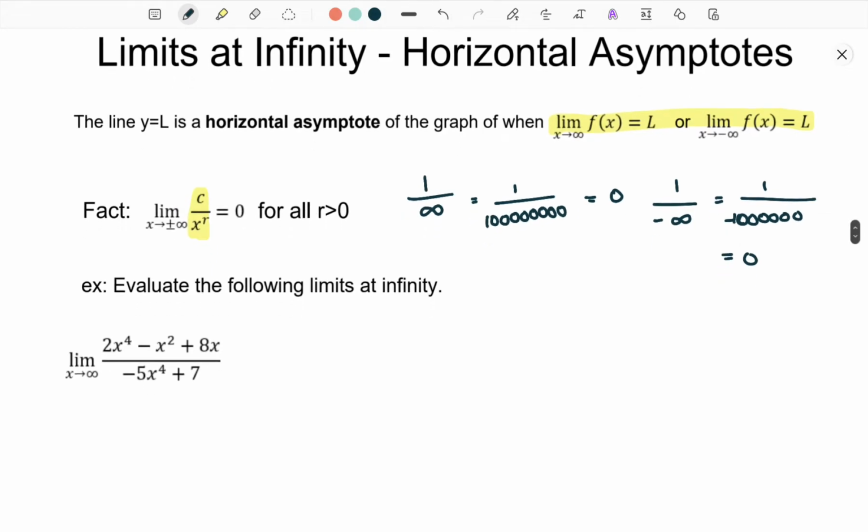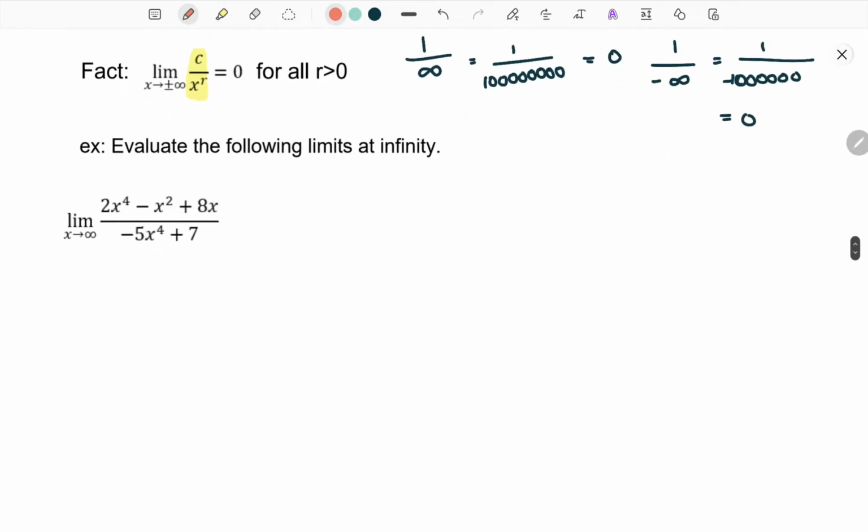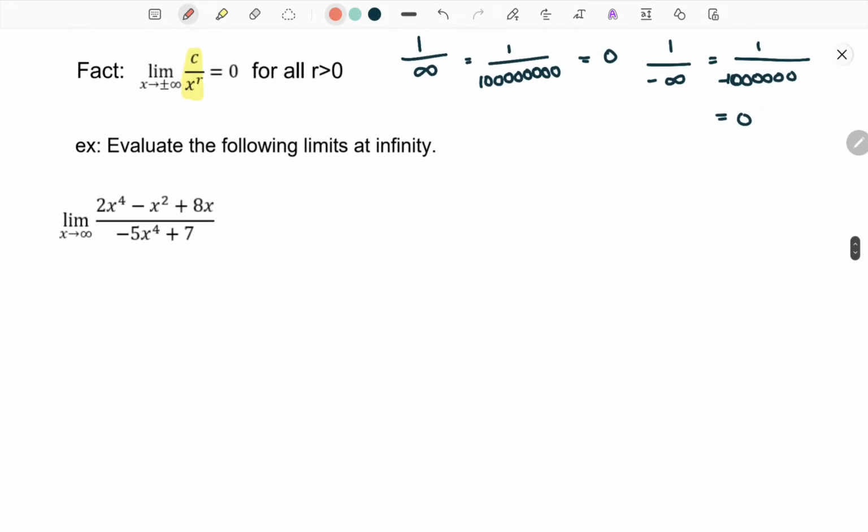So how do I evaluate a limit at infinity? We can try direct substitution, but it's going to give us some problems. So let's see. If I was to just plug in infinity here, I get 2 times infinity to the power of 4 minus infinity squared plus 8 times infinity over negative 5 times infinity to the power of 4 plus 7.